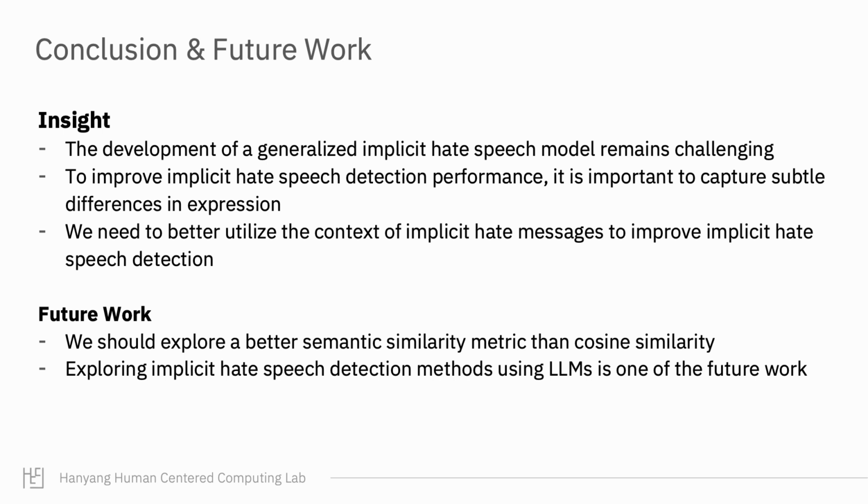And in our future work, we should explore a better semantic similarity metric than the cosine similarity, and exploring implicit hate speech detection methods using LLMs is one of our future works.